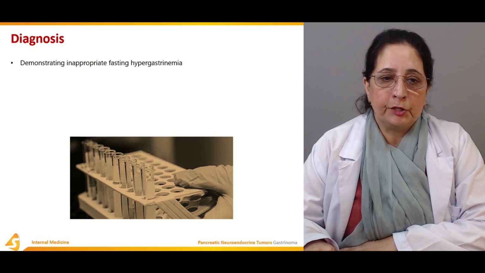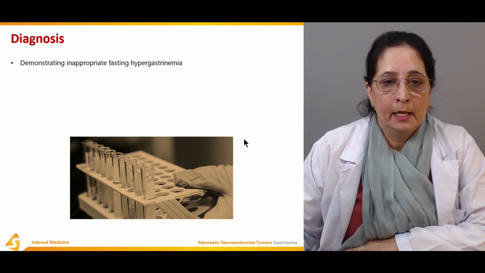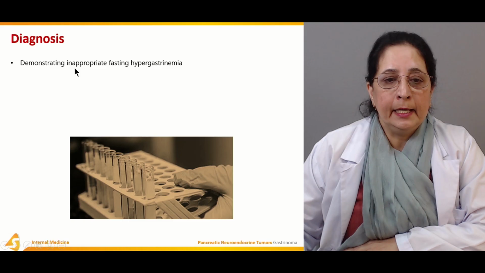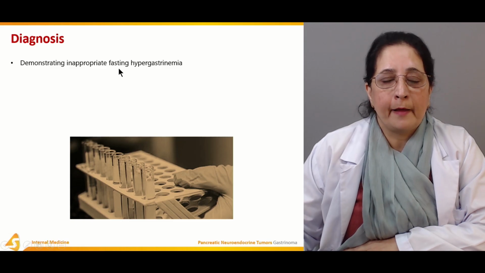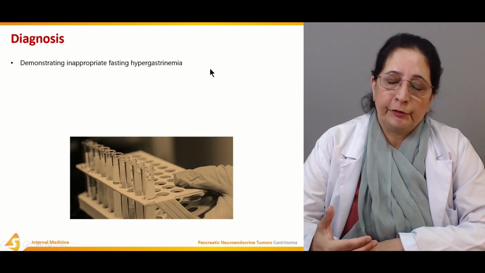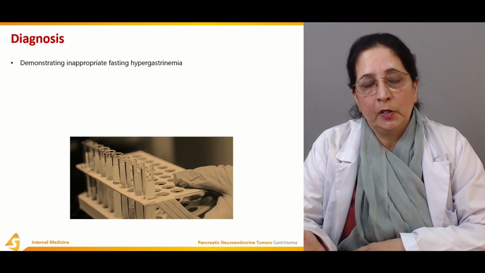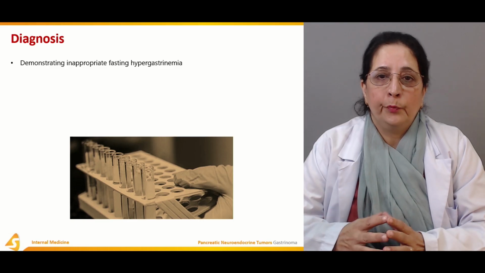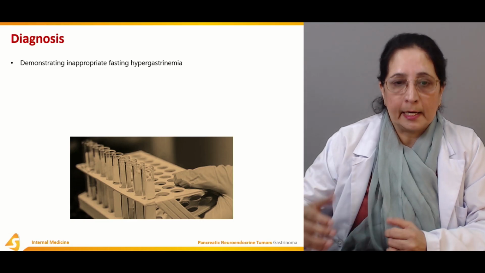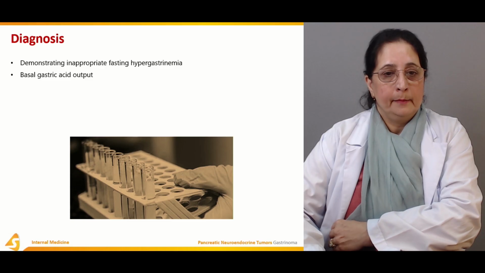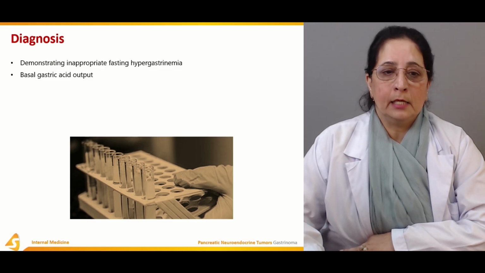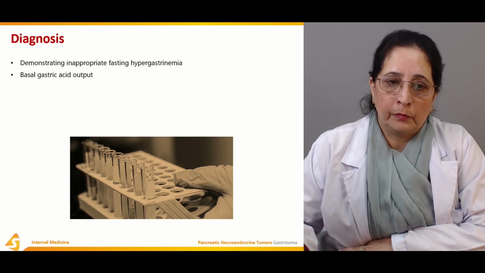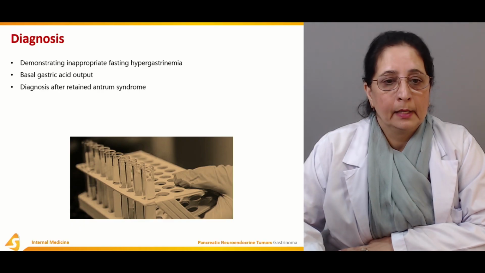Diagnosis of the gastrinomas: there is demonstrating inappropriate fasting hypergastrinemia. Hypergastrinemia is present in gastrinoma. Basal gastric acid output is also used for the diagnosis.